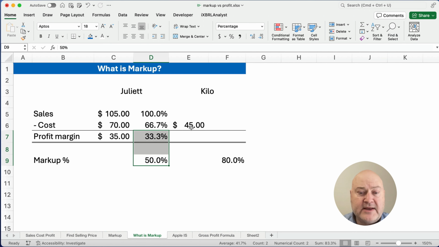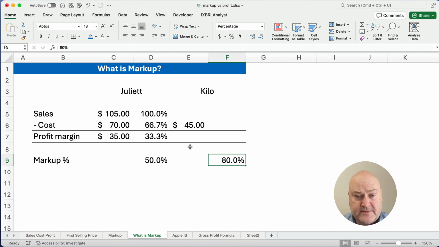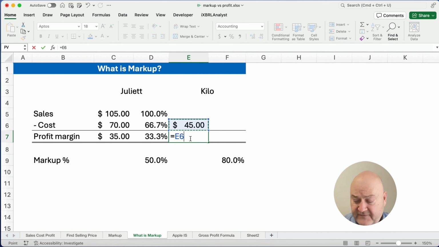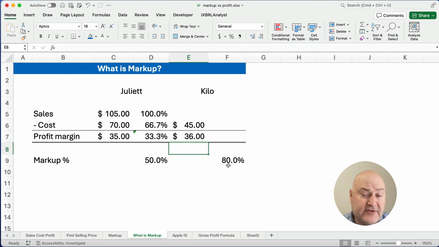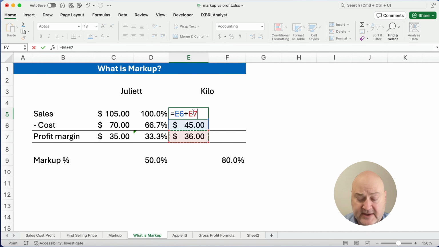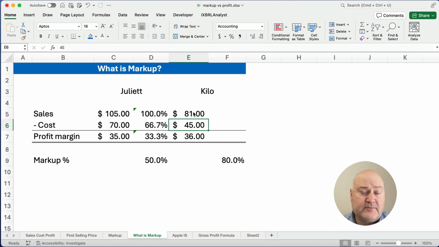Let's do one more. So the Kilo company has a cost of 45, and we want an 80% markup. So we're going to take the 45 times the 80%, and we get $36. So we're going to add the 45 plus the 36. We're going to turn around and set our selling price at $81.